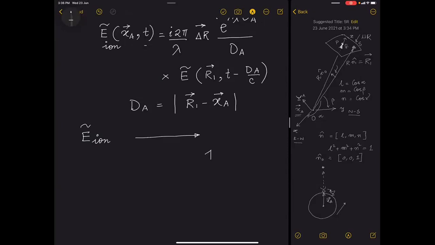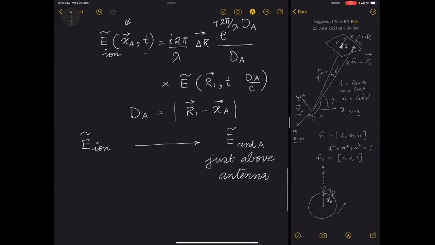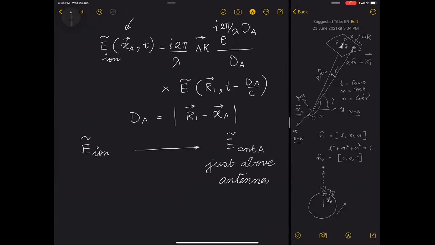I'm asking, just above the antenna, what is the electric field? This electric field, which I am writing here, still doesn't know about the antenna. But what will this electric field be? Well, we already said that the extra propagation of whatever 10 kilometers we will not talk about.